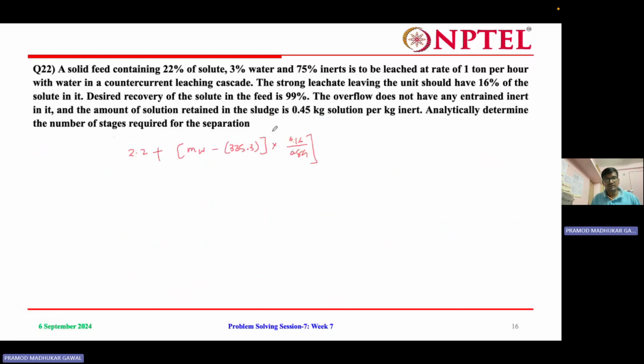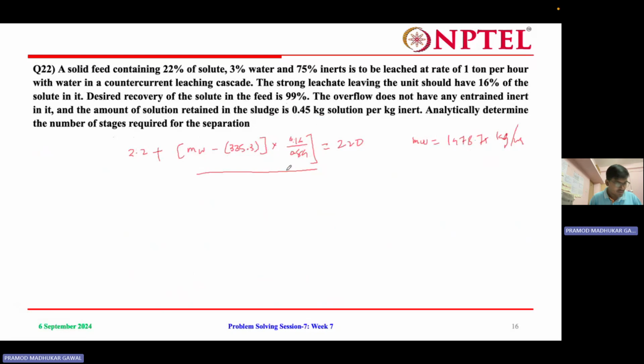So this is the mass of solute in the overflow, equal to the feed 220, right? So MW is the water entering, including that present in the feed. After calculating, MW is 1478.75 kg per hour. So water entering is 30 kg per hour in the feed, right?